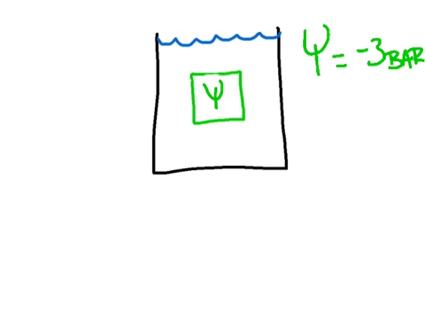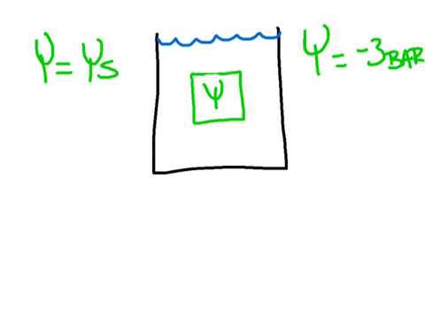Now remember, the water potential of the solution in the beaker in an open container is just equal to the solute potential. There's no pressure acting on the top of this water, because apparently we're doing this on a mountain. So pressure potential is going to be 0, and it's negligible.